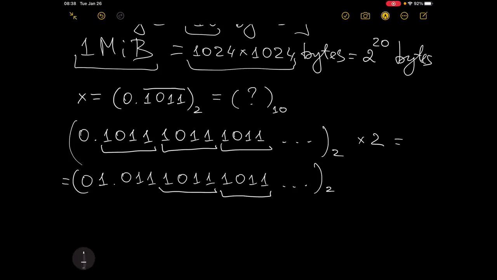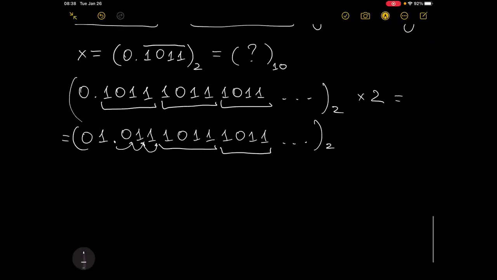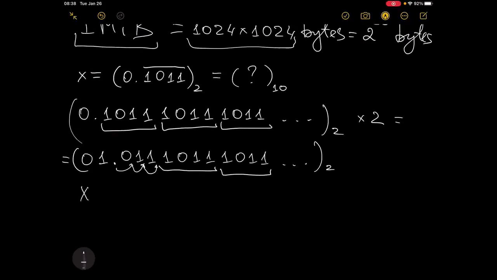Now, if I multiply by 2 once more, I will move it here. If I multiply by 2 once more, I will move it here. And if I multiply it by 2 once more, I will move it here. So essentially, if I move it 4 positions, 1, 2, 3, 4 to the right, x multiplied by 2 to the 4th, I will get the following.